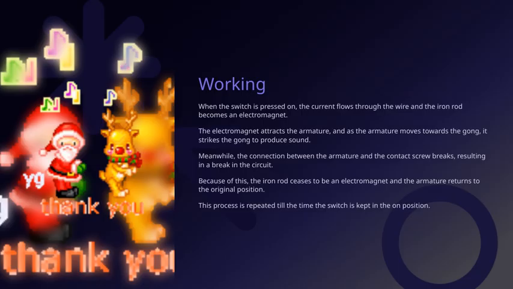This cycle then repeats itself as long as the switch remains in the on position. Essentially, what we're seeing is a rapid, continuous process of magnetization, movement, sound production, and demagnetization, forming the basis of how many electric bell mechanisms work efficiently and reliably. It's a clever use of simple electrical and magnetic principles to create a repeating sound signal.